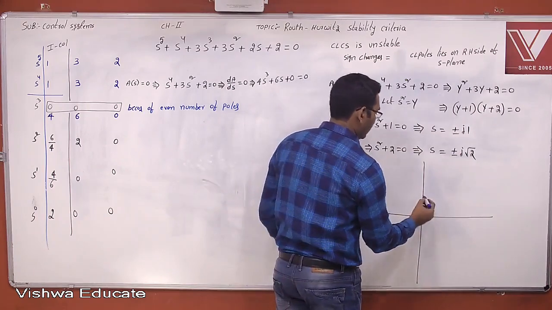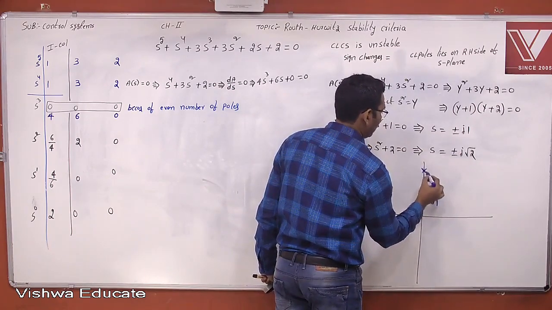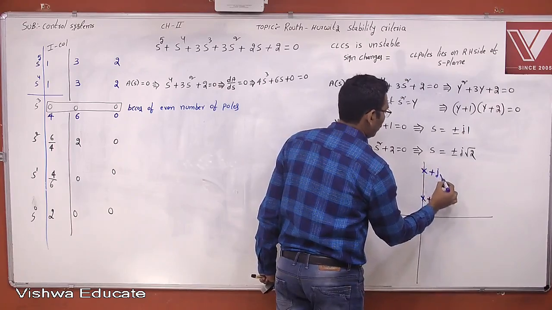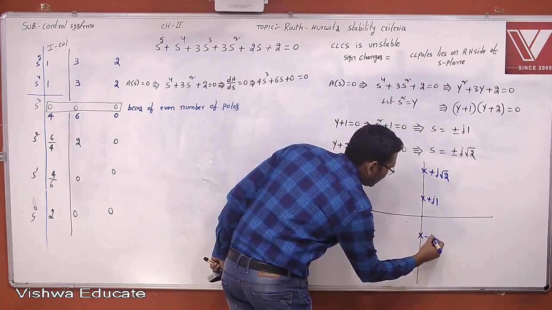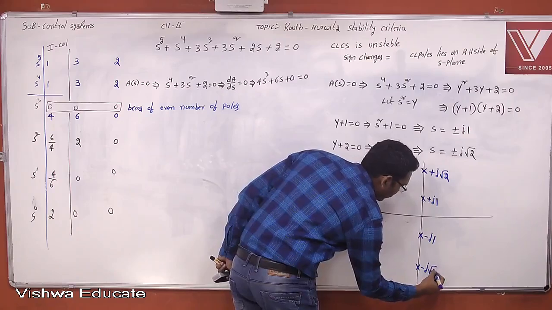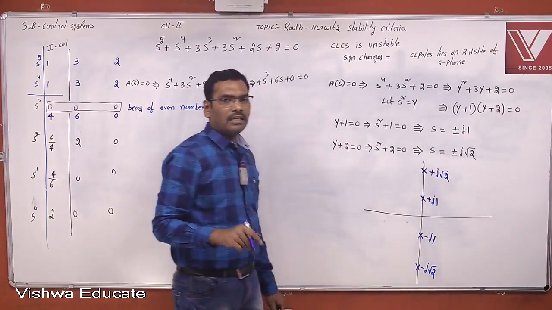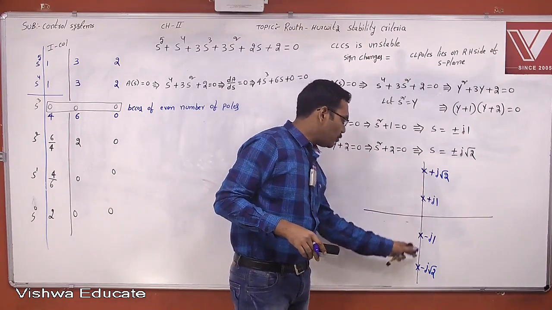Now, one pole is at +j1, another pole is at +j√2, and one more pole is at -j1, and one more pole is at -j√2. What I am saying is, the poles are symmetrical with respect to origin.